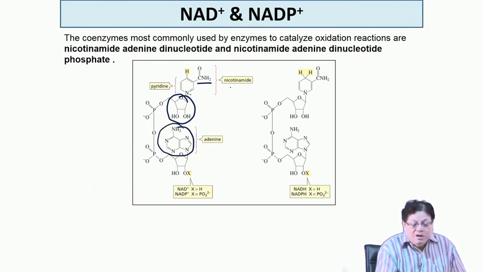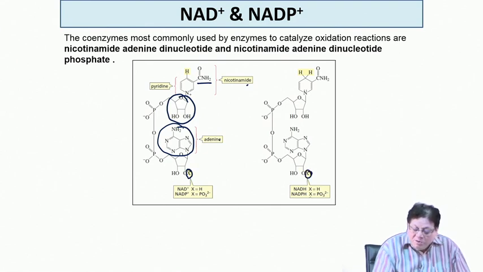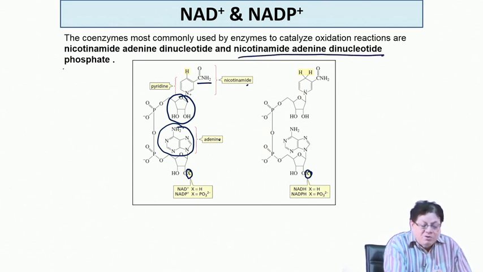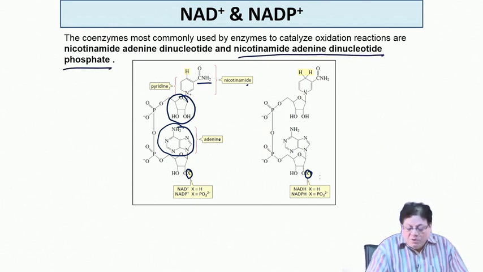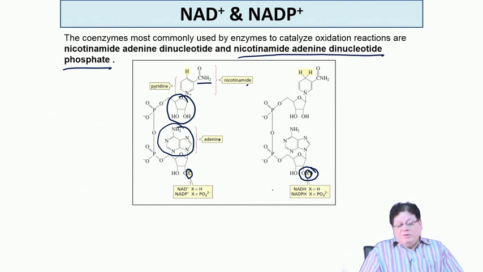So, this is called nicotinamide adenine dinucleotide, okay. That is NAD, and sometimes this X may be a phosphate group, and that gives you nicotinamide adenine dinucleotide phosphate. If this is fully the phosphate group, then that is called NADP plus.